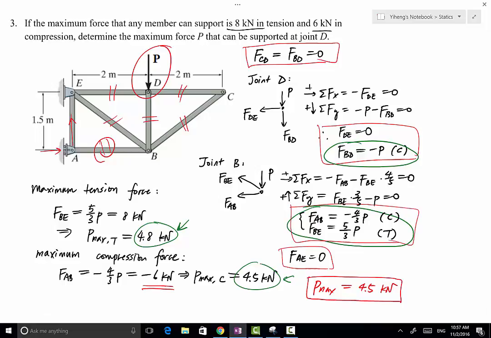So if P is actually 4.8 kilonewton, member AB would have already failed, because the compression force in member AB would have developed to be more than 6 kilonewton when P equals 4.8 kilonewton. Therefore, it's the smaller one that controls.